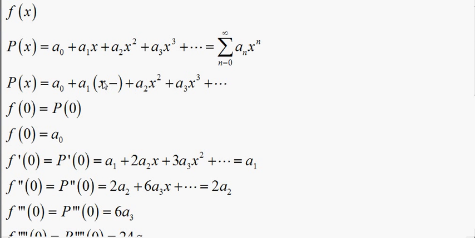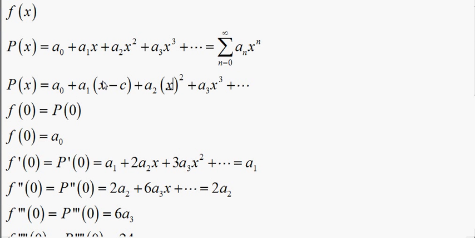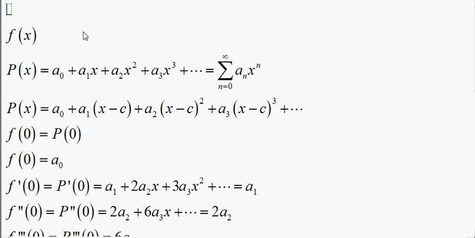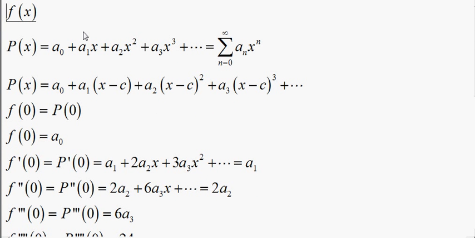It's just going to be x minus c, where c is the number we're shifting it to. There. So when we plug in c here, all these terms go out. That enables you to evaluate the function at any point you want.